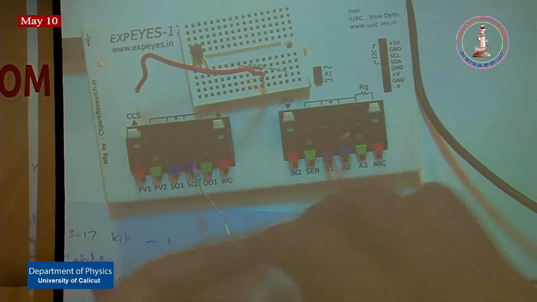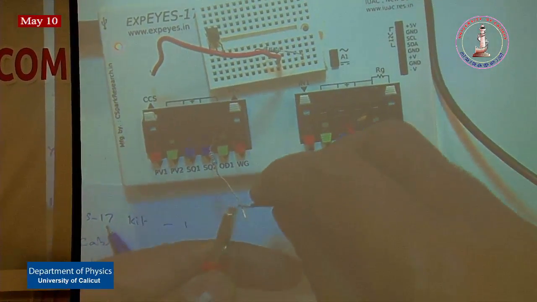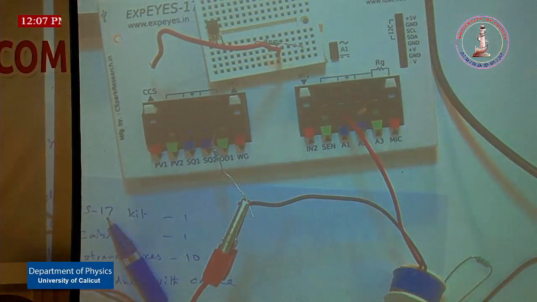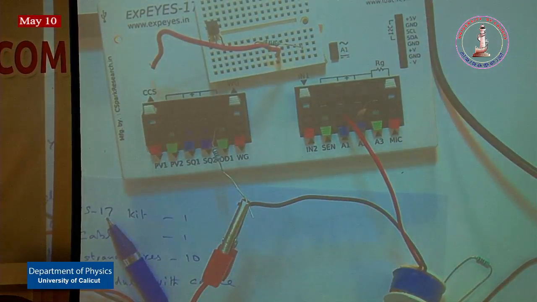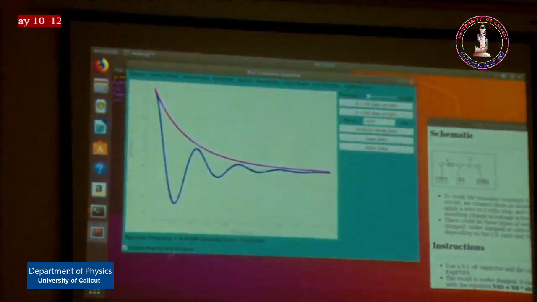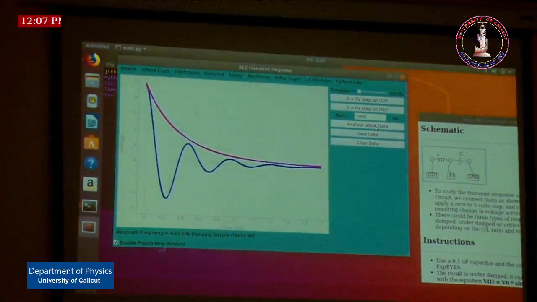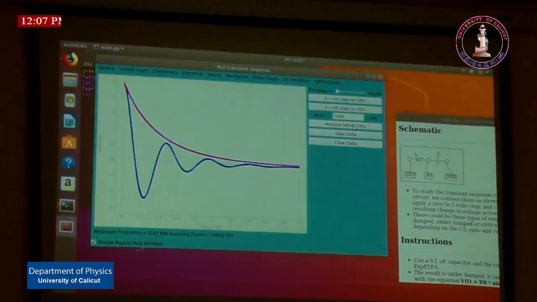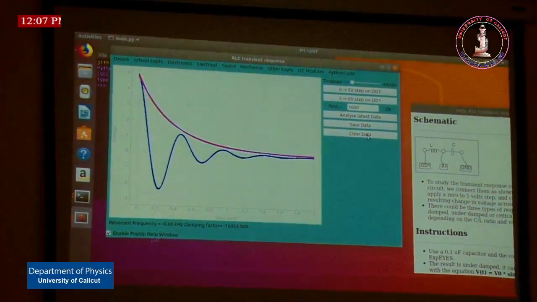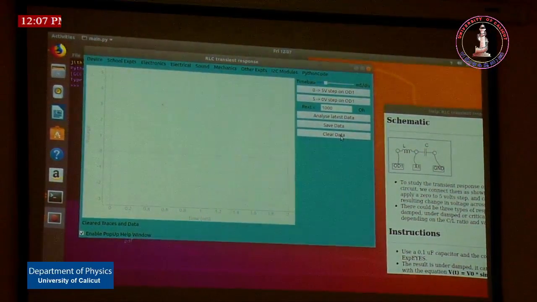So adding a series resistance should increase damping. Let's try it again now. Another measurement. See, it could not fit because it has stopped oscillating, right? So maybe we could have put a smaller resistance and done it.